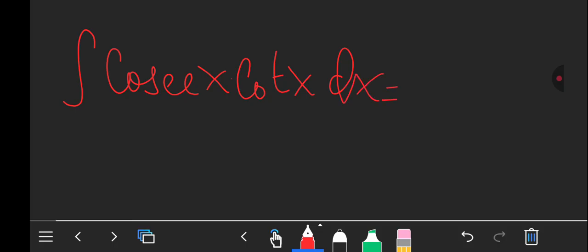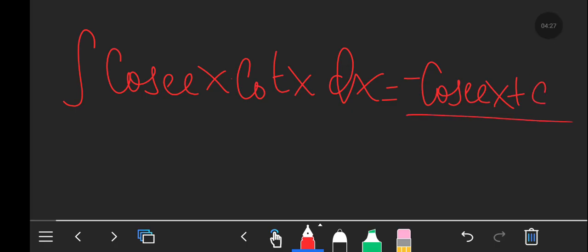Since we said that the derivative of cosec x gives negative cosec x cot x, the opposite now, the integral of that, will give us negative cosec x plus c. Okay, so we need to understand that.